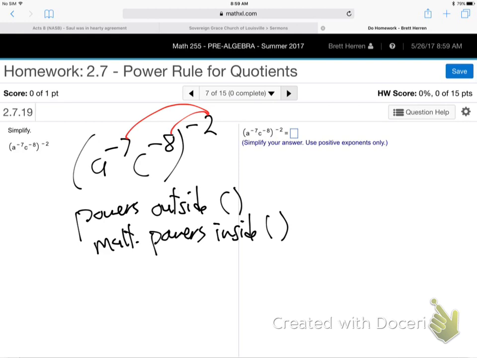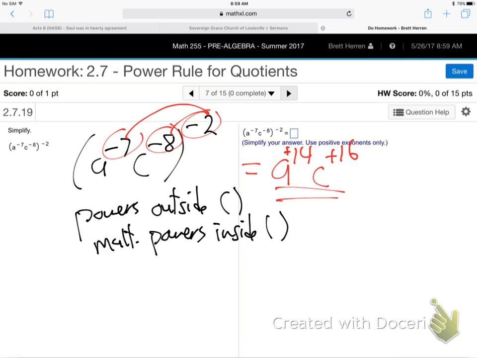So boom, boom, right? Powers outside multiply powers inside. So that minus 2 is going to multiply minus 7 and multiply minus 8. Negative times negative? Positive 14, or just regular. And positive 16, or just regular. And that's it, we're done right there.